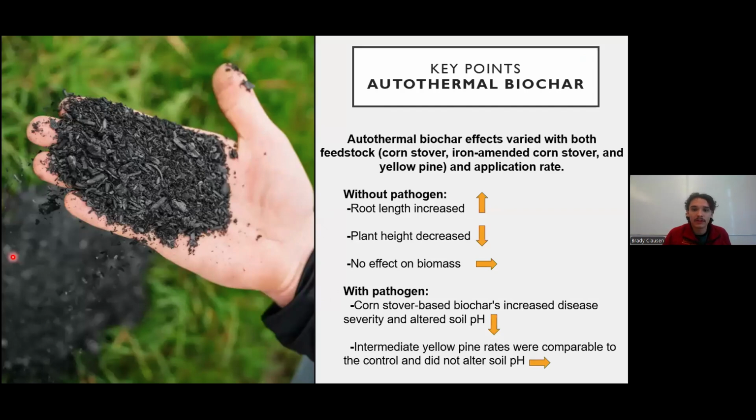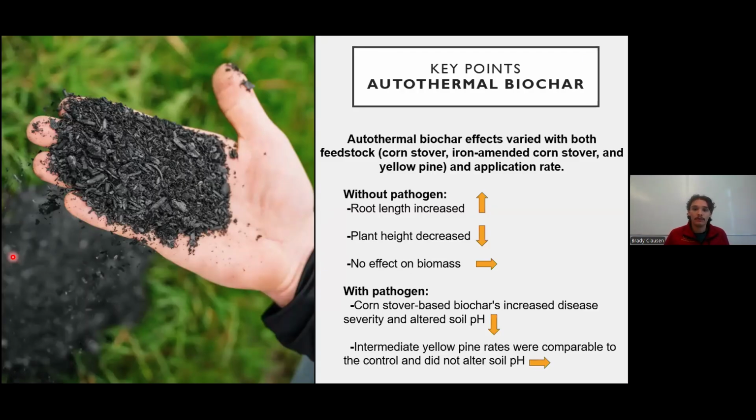I'm just going to go through 3 slides and give some very overview key points of all the stuff I went through. Largely what we found with autothermal biochar is that those effects were highly varied with both the feedstock, so whether that was the corn stover, the iron impregnated corn stover, or the yellow pine, and the application rate.